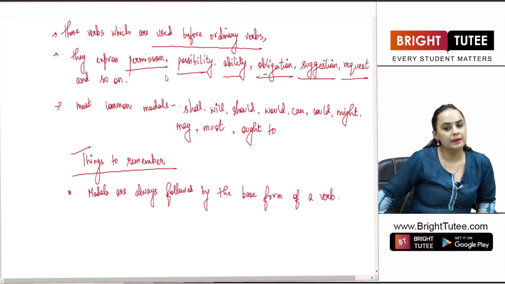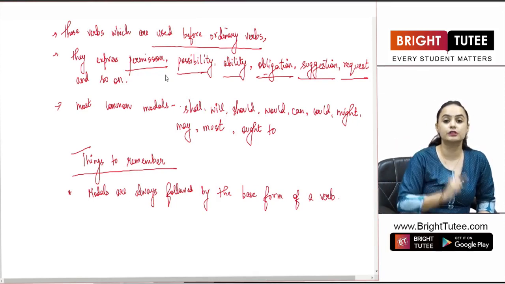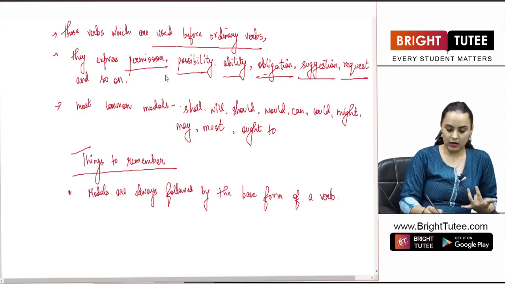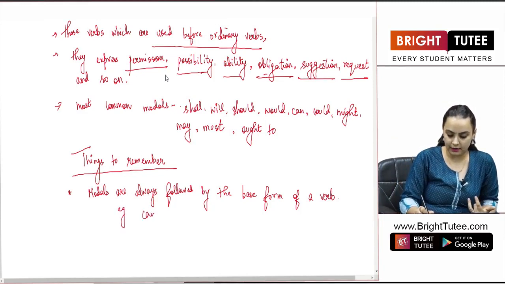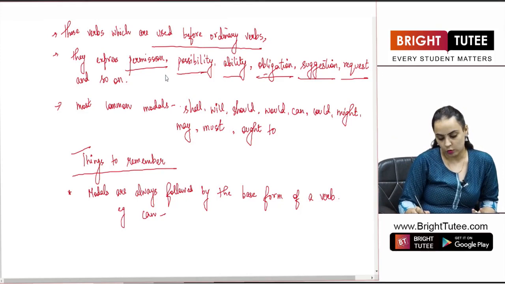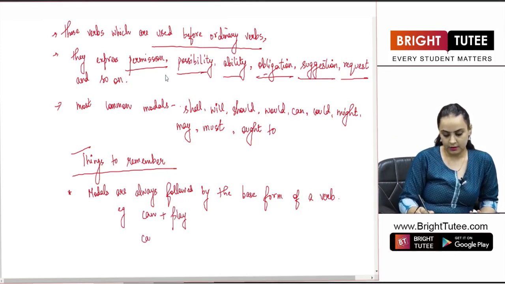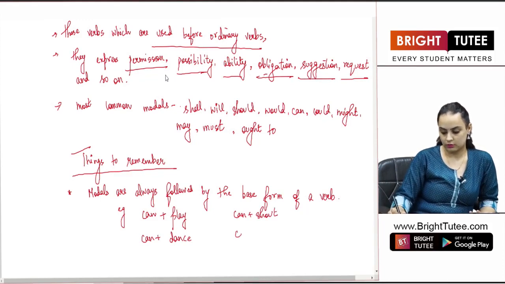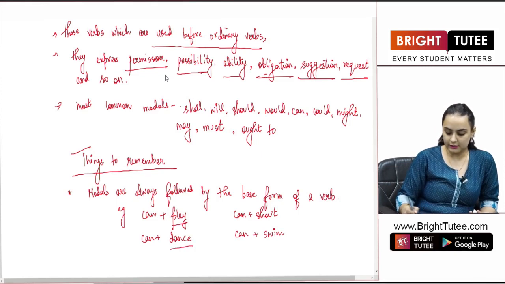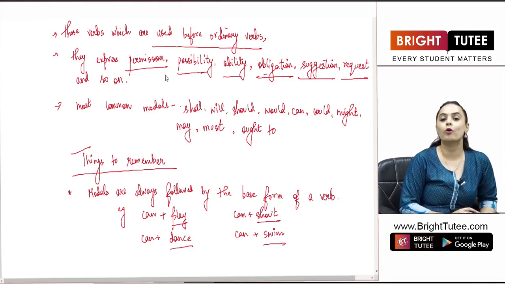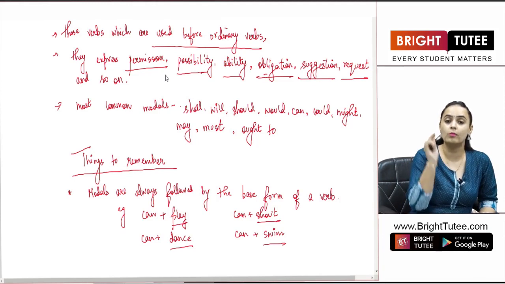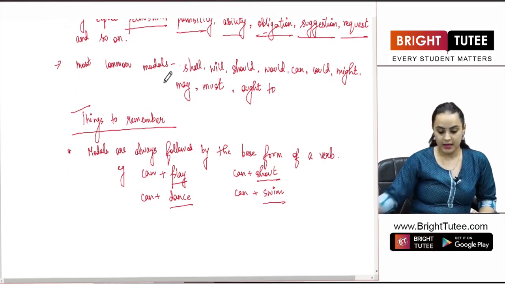What do we mean by base form of a verb? Means the first form of the verb. A modal, for example, can, will always be followed by the first form of the verb, such as play, dance, shout, swim, and so on and so forth. So as you can see, the modals are always followed by the base form or the first form of the verb.